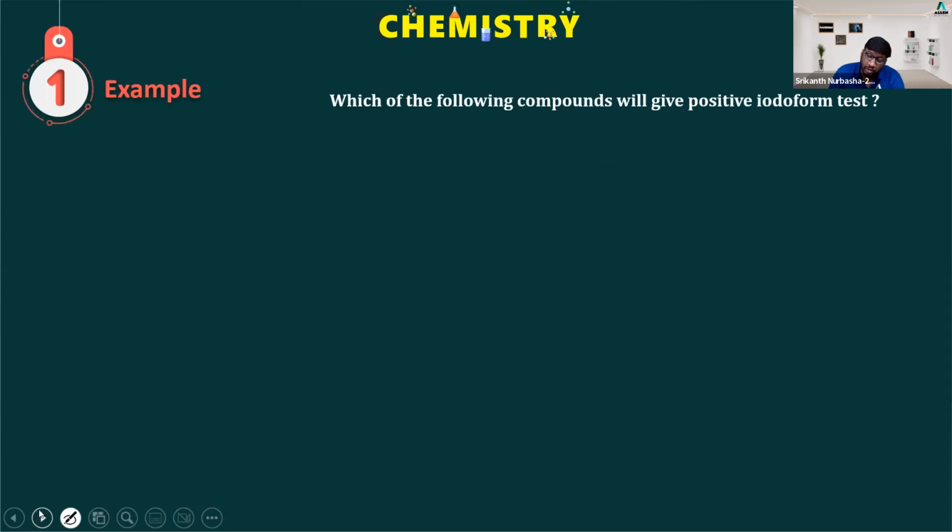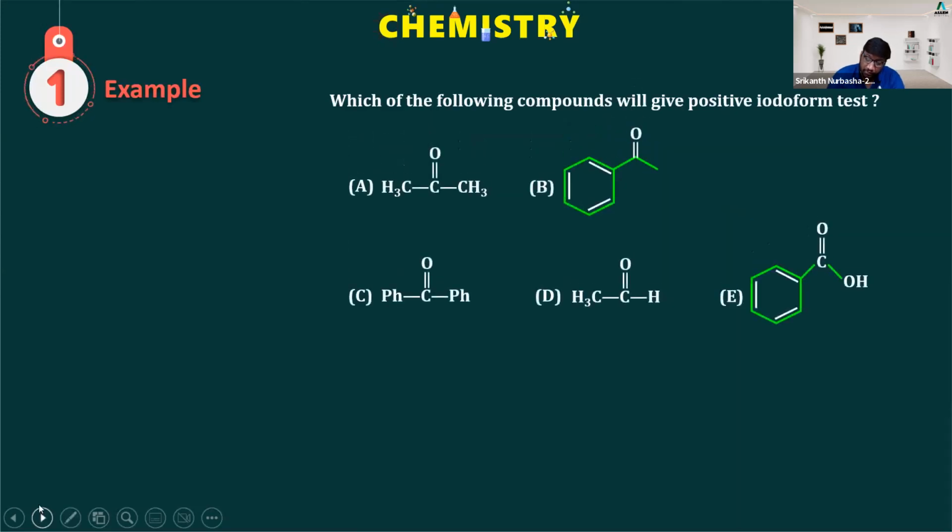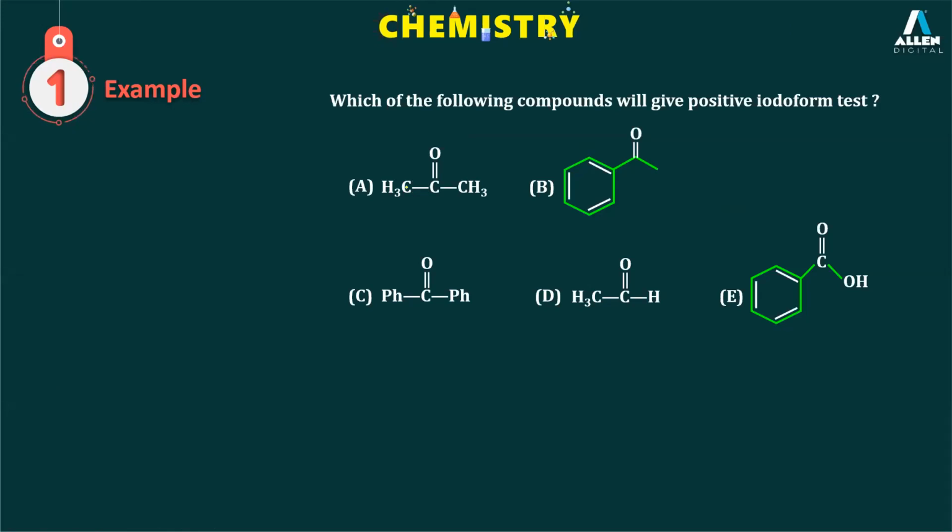Which of the following compounds will give a positive iodoform test? Look at these compounds. Compound A will give or not? Yes, sir, the CH3 C=O group, it will give.